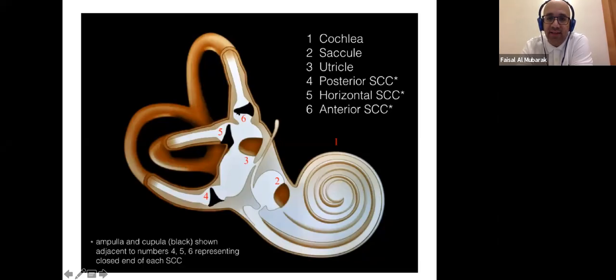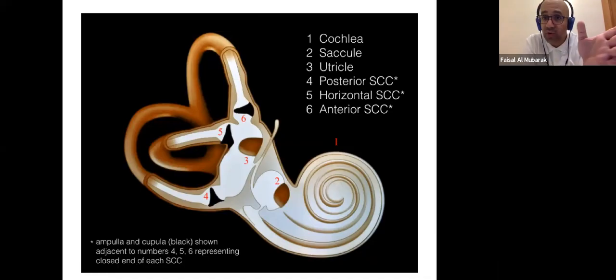The thing in black is what we call the cupula. We can see the swelling here. This we call the ampulla. Inside the ampulla there is a cupula, so the cupula is closing that end.